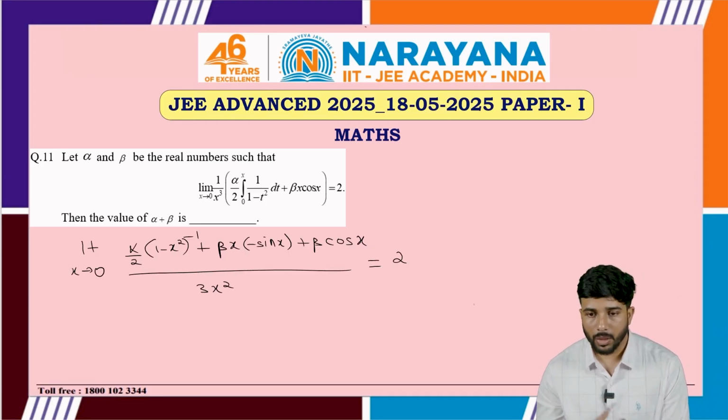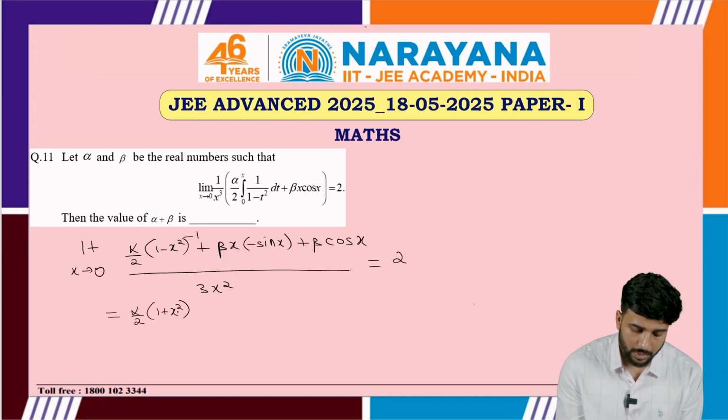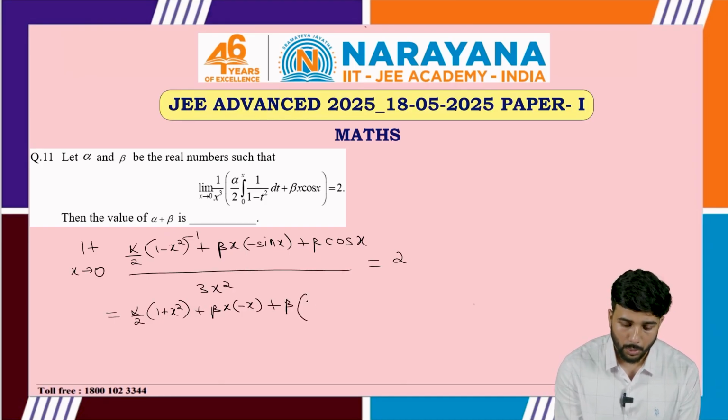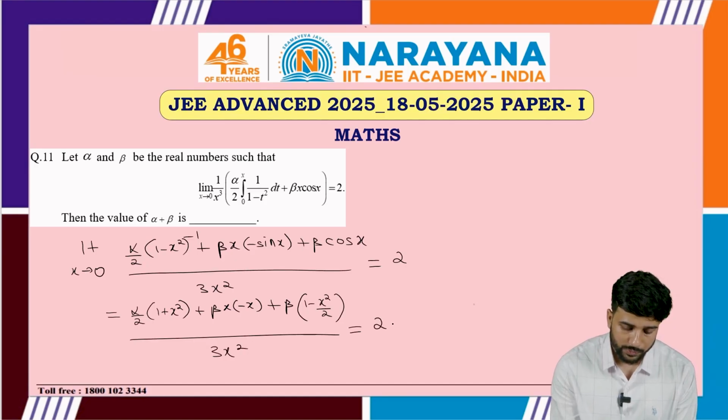Whichever degrees are greater than 2, I can neglect. So I'll get alpha by 2 into 1 plus x square plus beta x into minus x plus beta into, in cos x I need to write 2 terms, 1 minus x square by 2, all by 3x square equals 2.